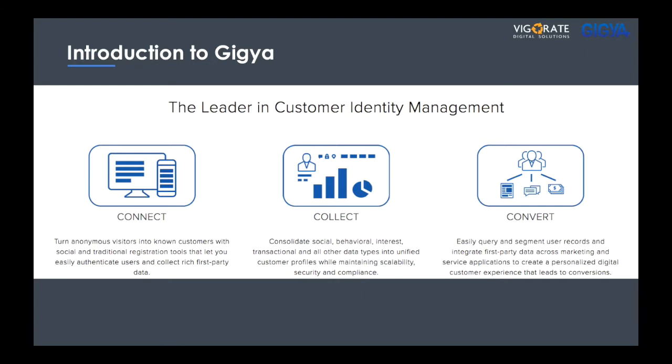Importantly, Gigya's profile management system and identity repository securely collects and manages your user base in a single secure cloud-hosted repository, consolidating user data from across your digital channels and data silos.